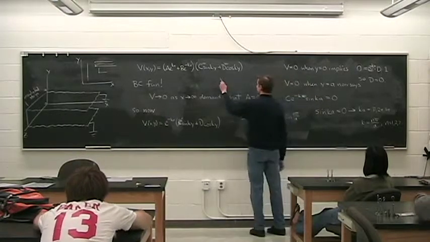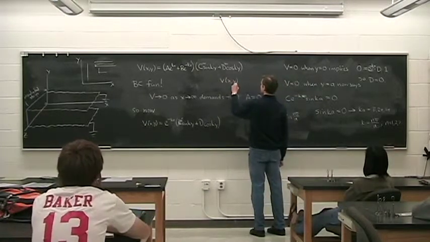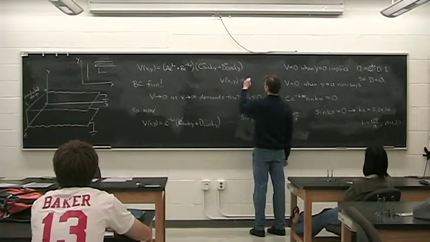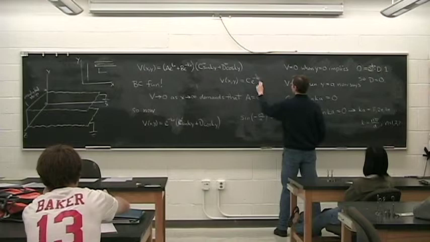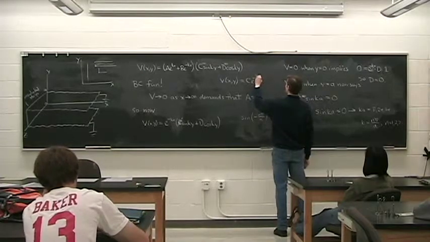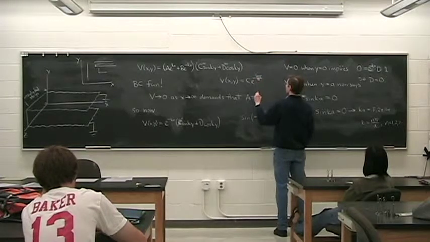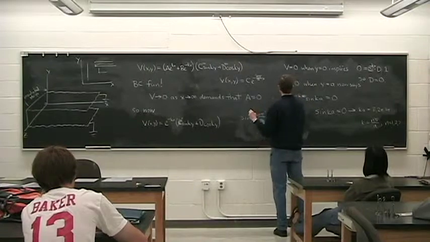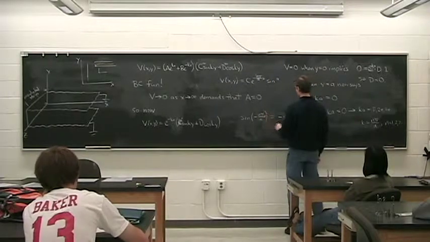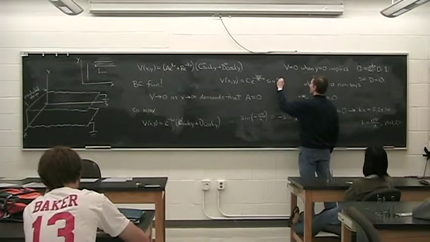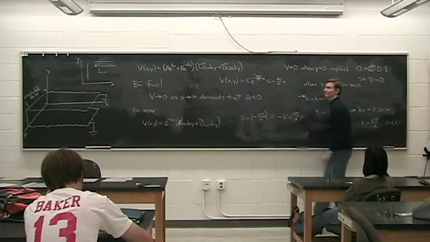In other words, if we've got v of x and y, it's going to be c e to the minus, and then k has to be n pi over a: e to the minus n pi over a x times sine of n pi over a x.